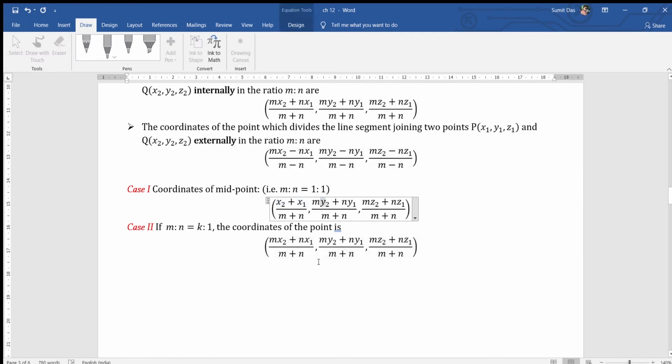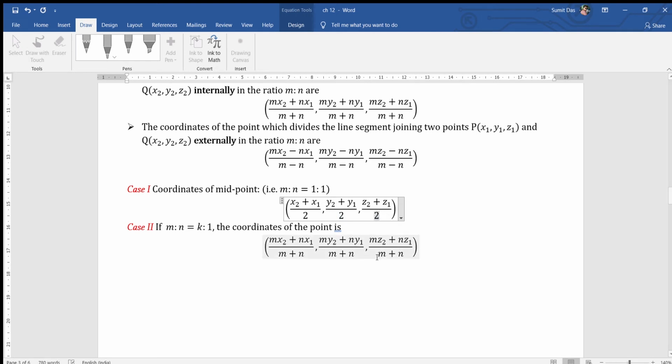Just replace in the formula all m and n with 1. Similarly here also all m are 1. If m is to n is 1 is to 1, what will be m plus n? It will be 2, just as the midpoint formula of any 2 points in the Cartesian plane.